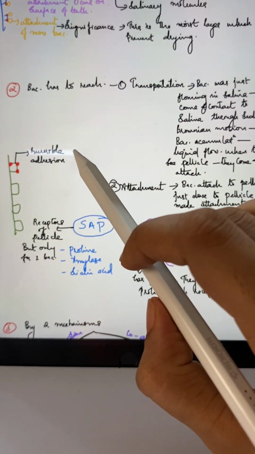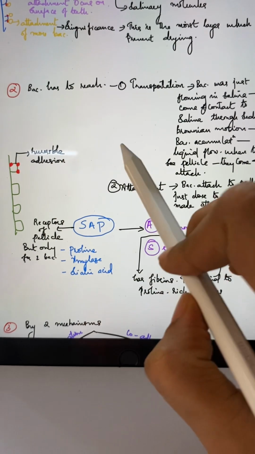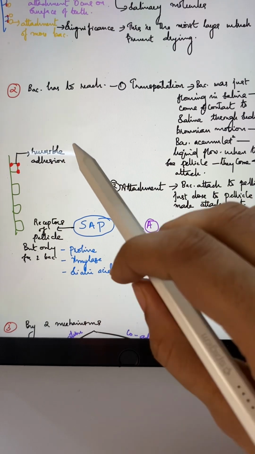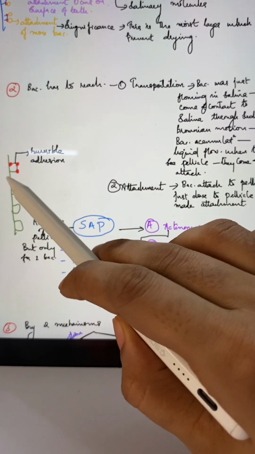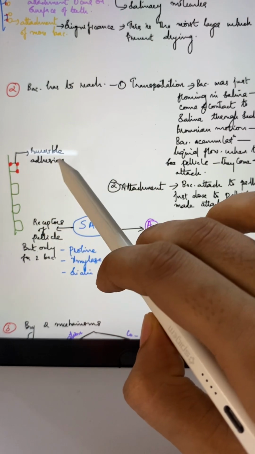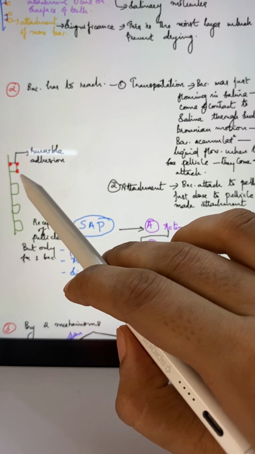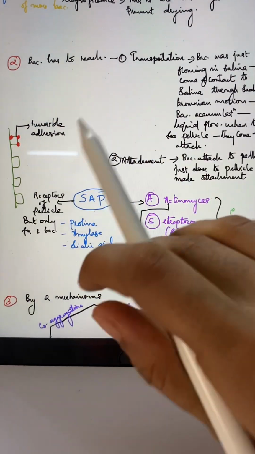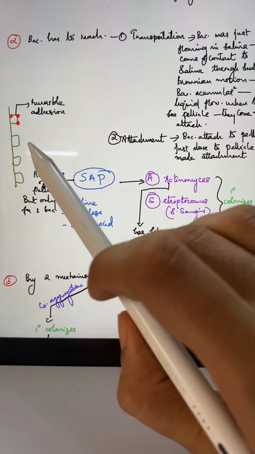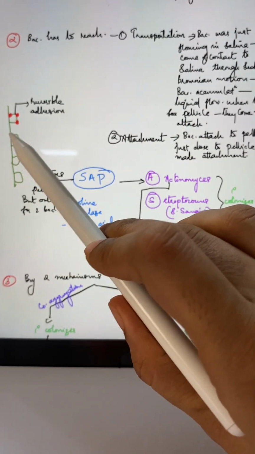When the bacteria see the pellicle, that is the protuberances, they come and attach there. So this is the transportation.